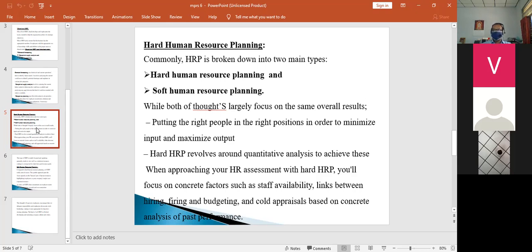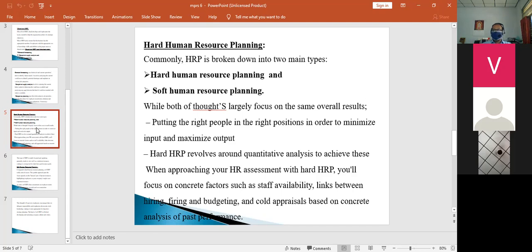You understand? You're recruiting a single person, but you're reaching the two persons' work. That is maximizing the output.